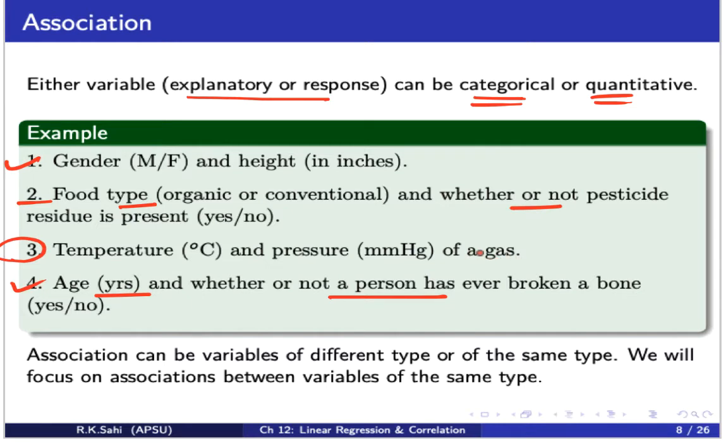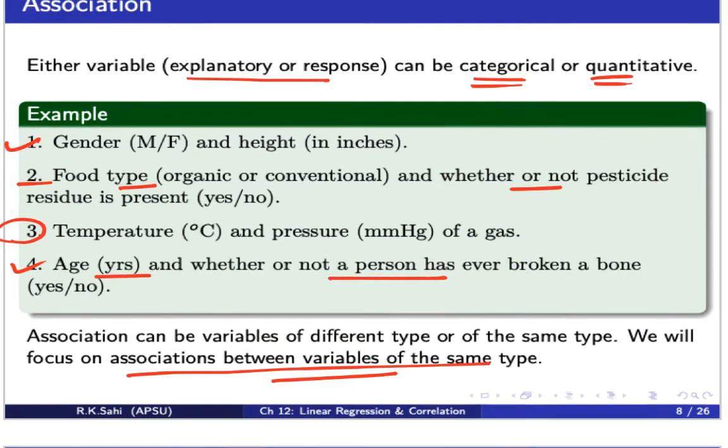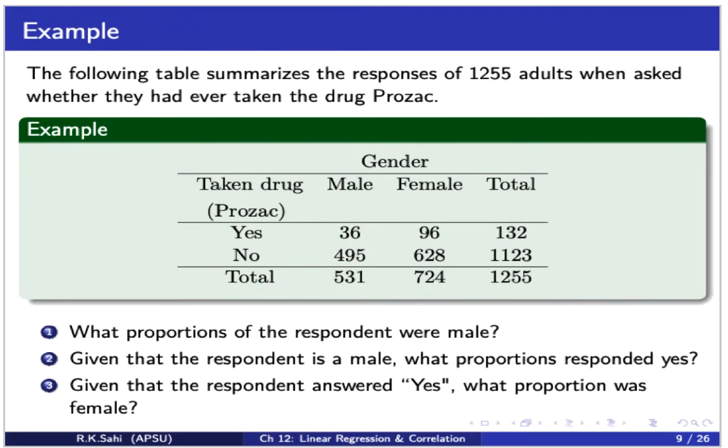So associations, as we just saw, are of different types. But in this course, we are going to be focusing on associations between variables of the same type. Now let's look at an example. This is an example of a contingency table.